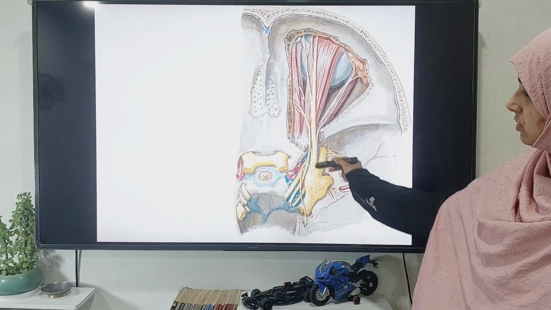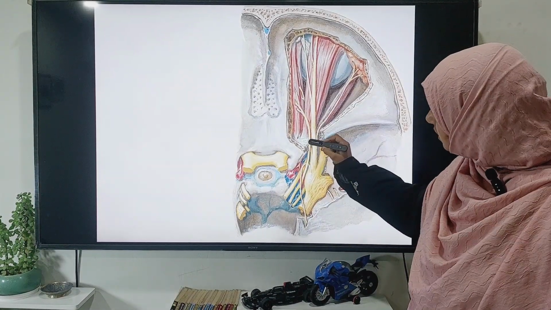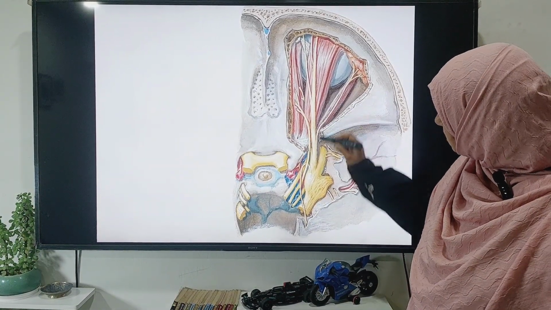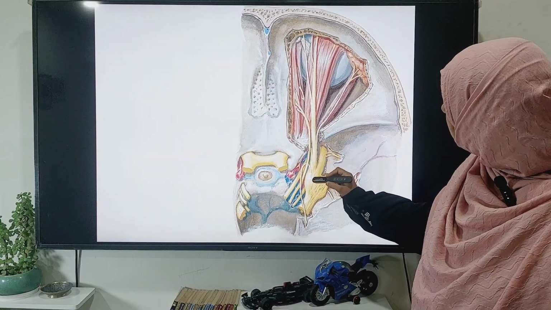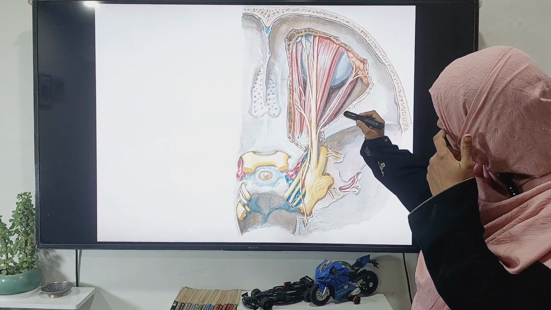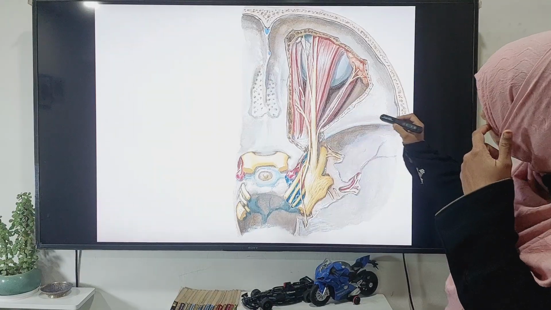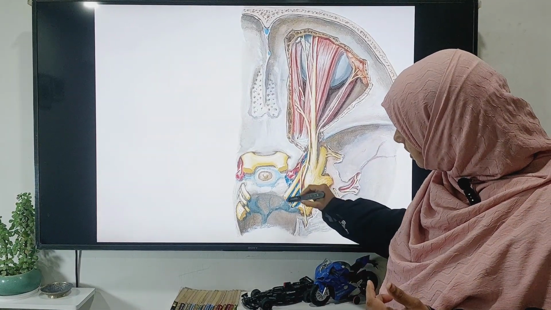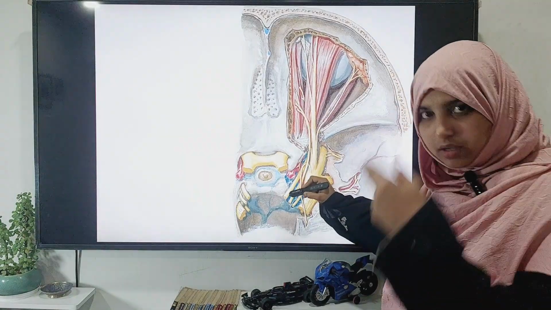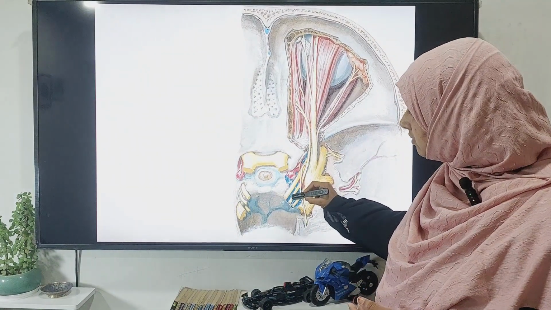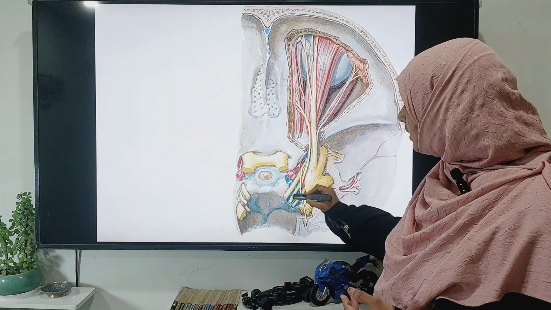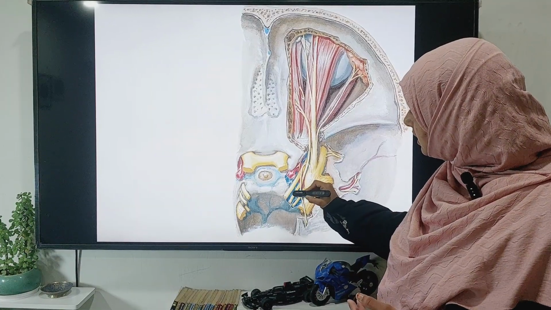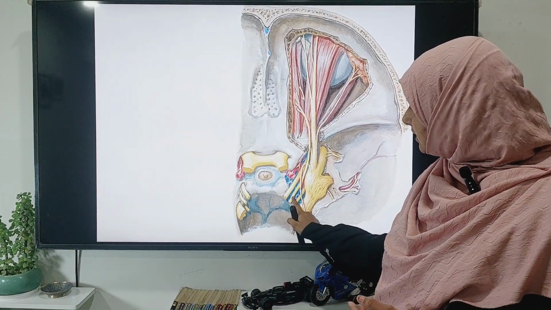So here in this picture, can you see the superior oblique? This is the cavernous sinus in the lateral wall, 1, 2, 3. From above downwards, we have the oculomotor nerve, then the trochlear nerve. It has an interesting course.